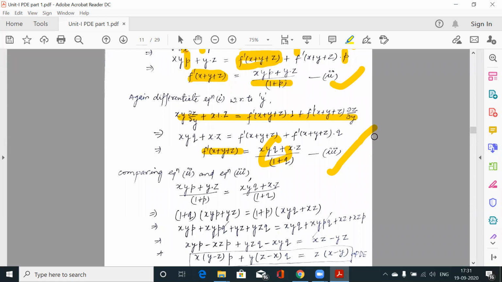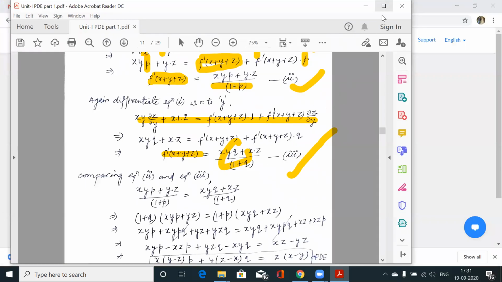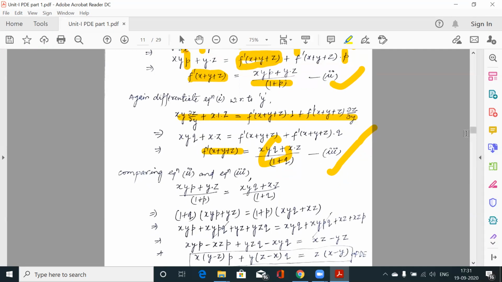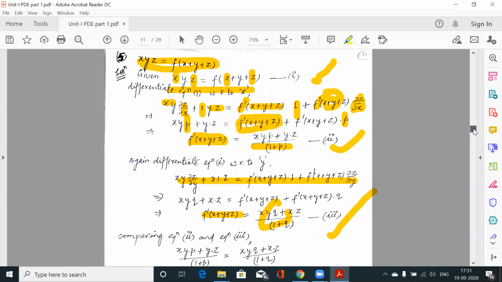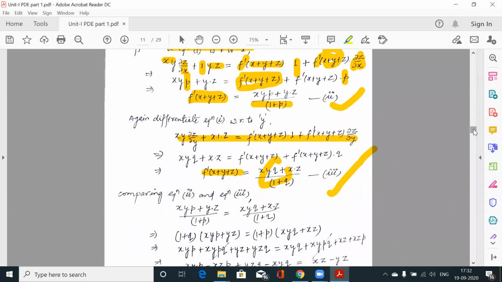So equation 2 and equation 3 both represent the value of f dash. The left hand side of both equations has f dash, so the right hand sides of both should be the same. On comparison, comparing equations 2 and 3, if the left hand sides are equal, the right hand sides should be equal.